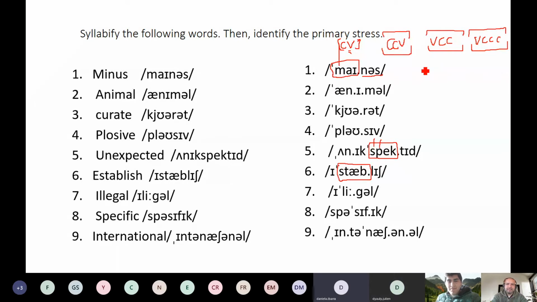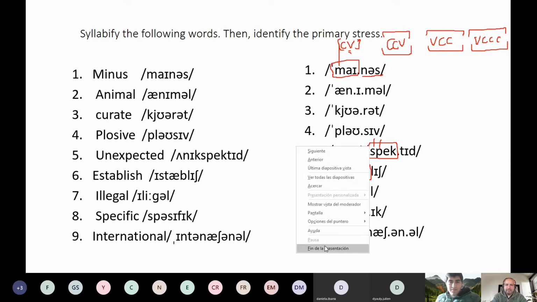Okay, so that's so much about the syllable. The syllable is an interesting but complex topic, and this is going to be the last session in which we're dealing with the topic. We're getting back to the lexical stress in the following sessions, right?